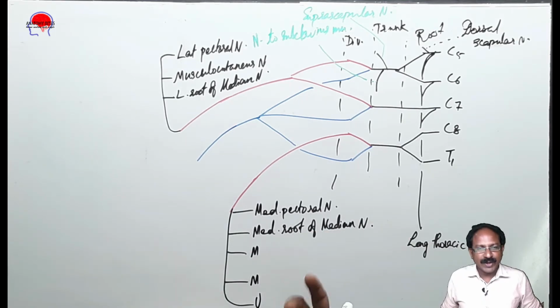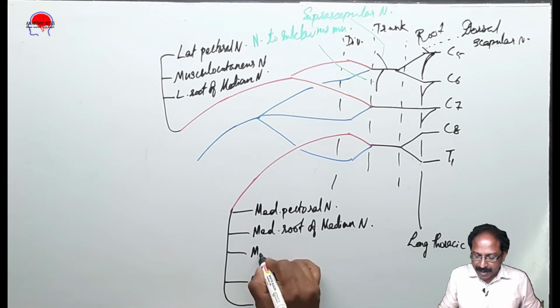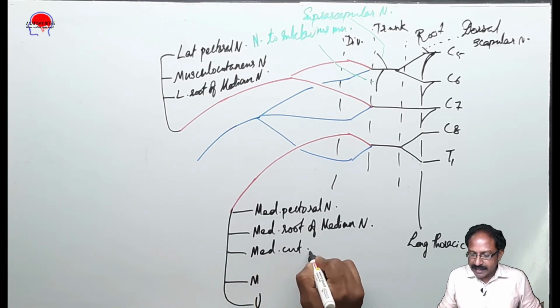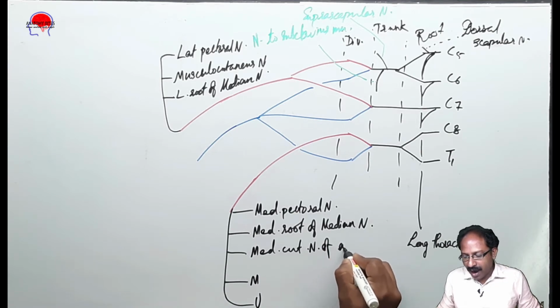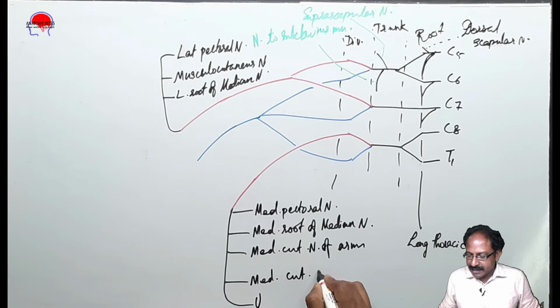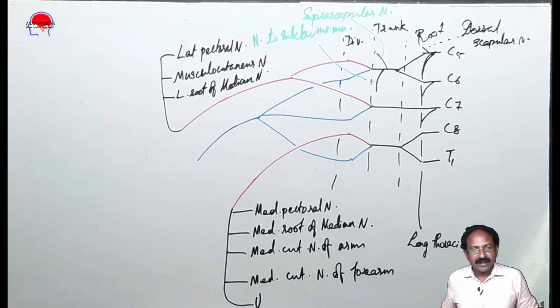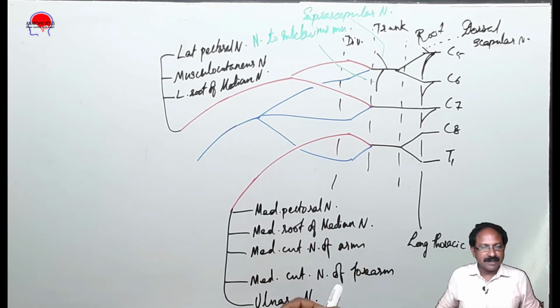Then there are 2 cutaneous nerves, one for the arm and another for the forearm. So here is a medial cutaneous nerve of arm, and medial cutaneous nerve of forearm. I think you can guess the name of the nerve, that is the ulnar nerve. So these are the branches arising from the medial cord of the brachial plexus.